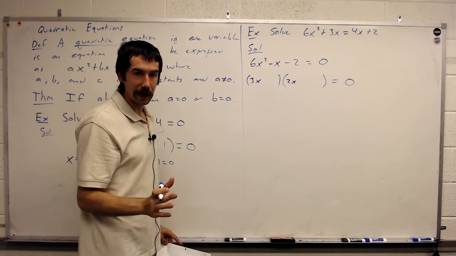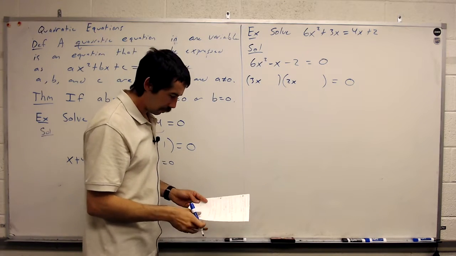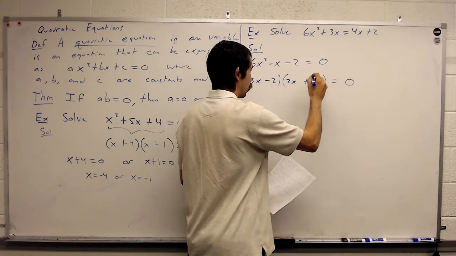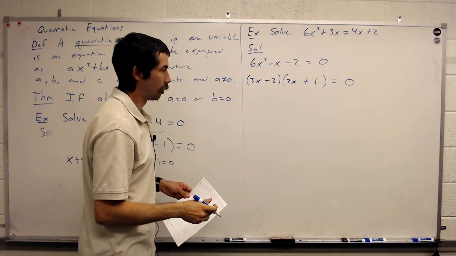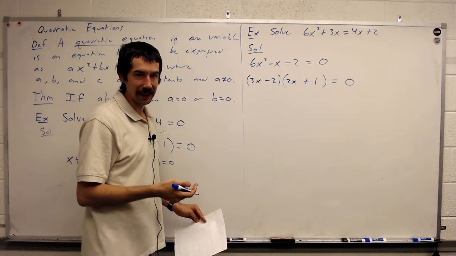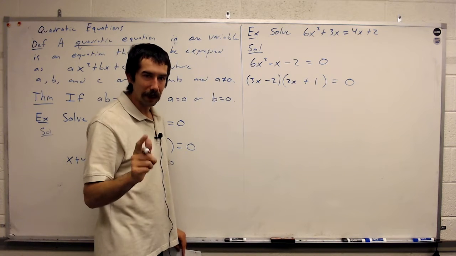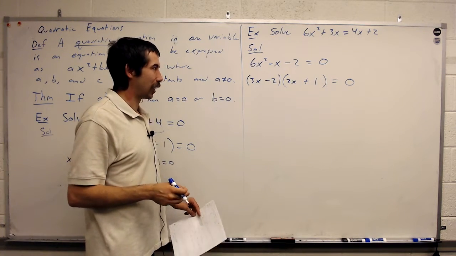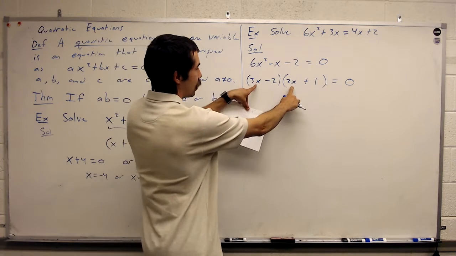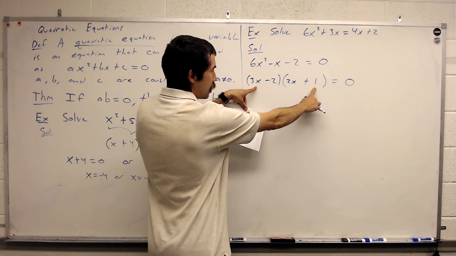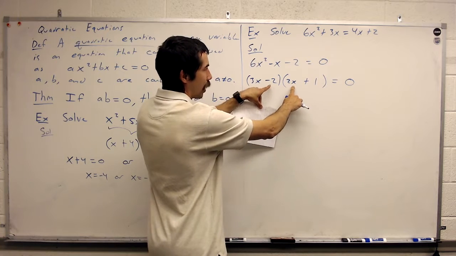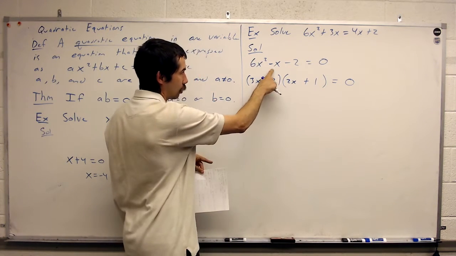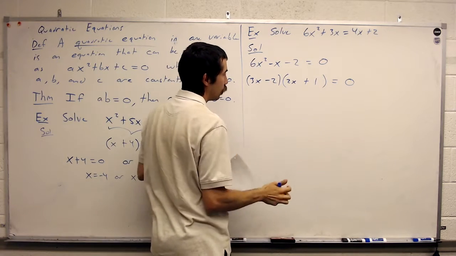All right, and this is a little bit of guessing and checking, so try it on your own. But it works out to be this. All right, I know it's unsatisfying that it is just guessing and checking. But when we get to the quadratic formula, we'll have a technique that works every time. But we could check. So this is 6x squared plus 3x minus 4x. 3x minus 4x is -x. So that's good. And then -2.